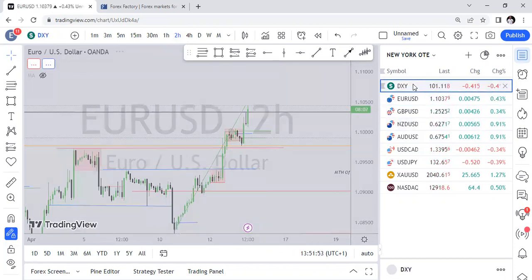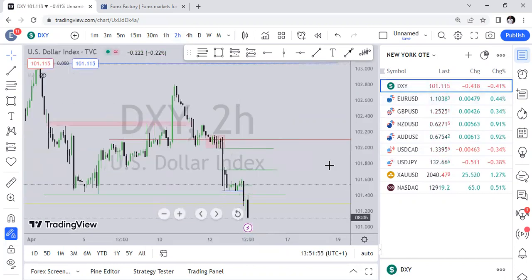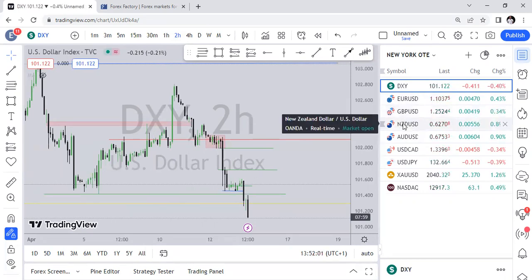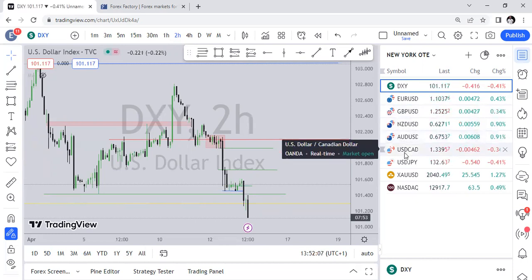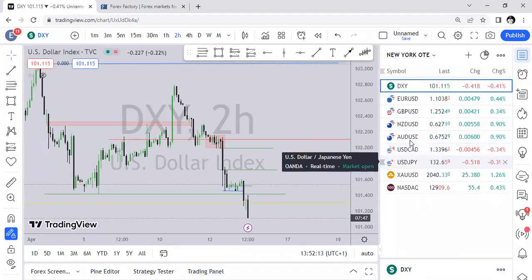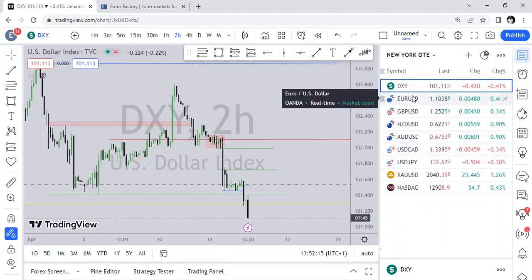If the dollar is selling off, we expect the Euro USD, the GBP USD, NZD and AUD USD all to be buying, while the ones that have the dollar as the first currency will be selling off along with the dollar.